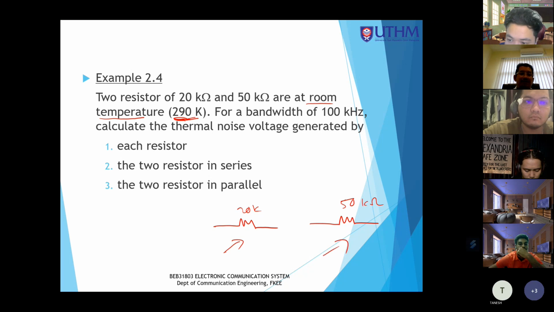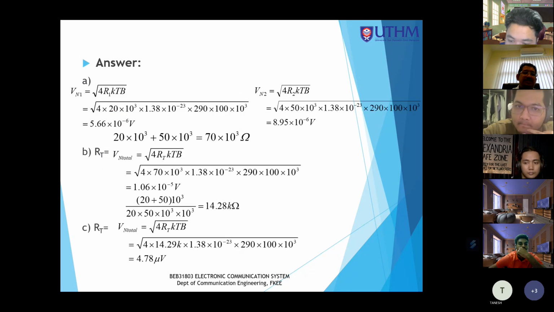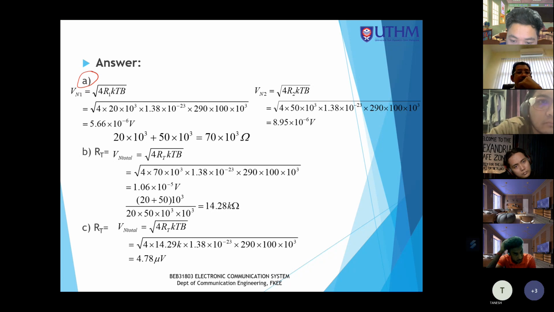Okay, how much for the first question? So if you see here we have two resistors. So the first resistor, how much is the noise voltage produced by the first resistor? Okay, kita anggap dia separate, dia tidak bercantum.